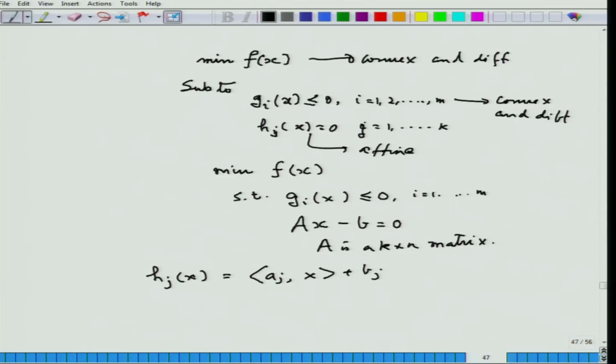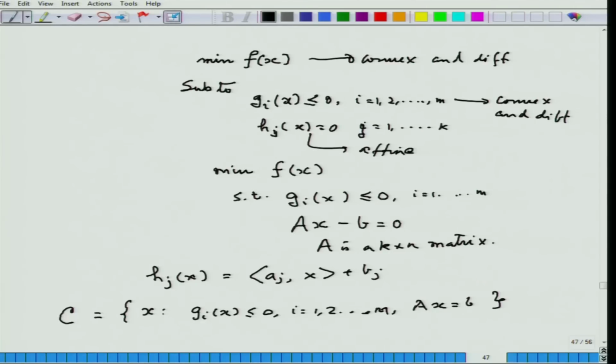So, they would form a vector b. Now, this C here, this is how I can write my C.